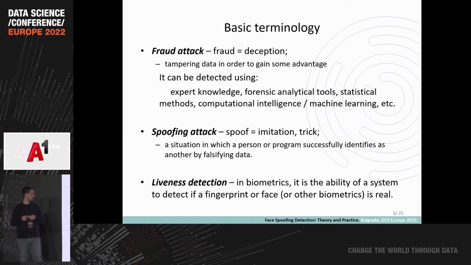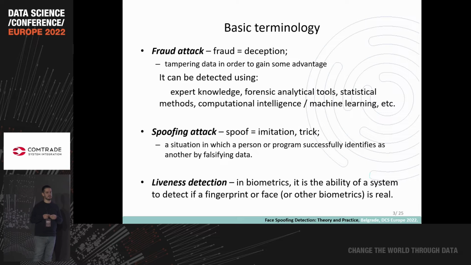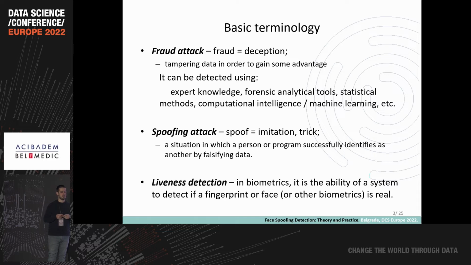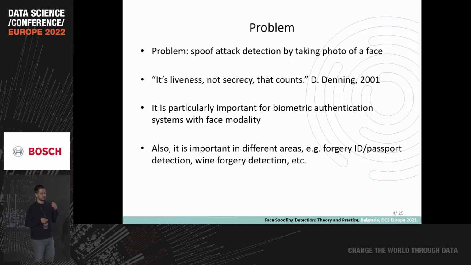Finally, liveness detection. That is a term usually used in biometrics. It is the ability of a system to detect if a fingerprint or a palm or face is real or is reproduced using some printing techniques, using some screen, and so on and so forth.